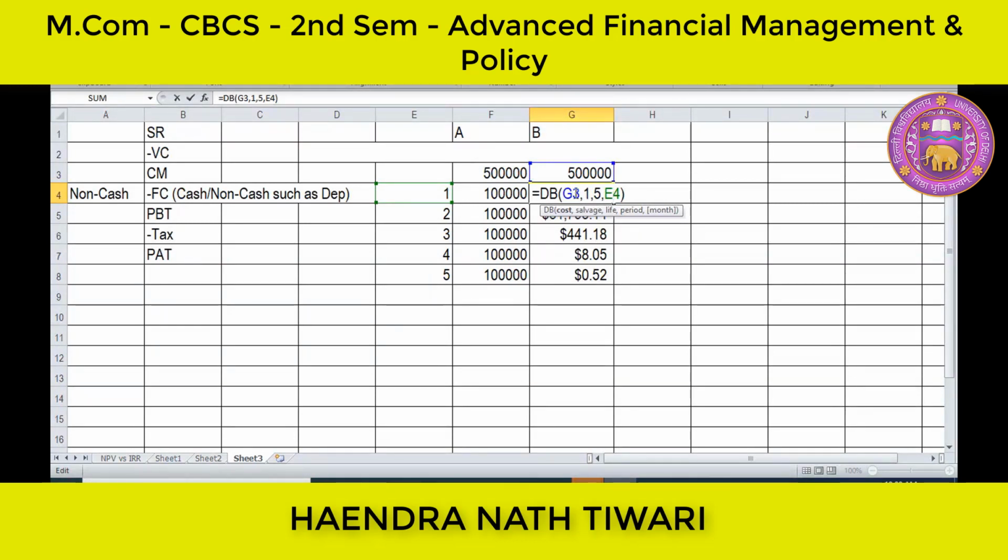Just hold on. error आ रहा है इसके अंदर. चलो एक काम करते हैं. 20% straight line method. This is using 20% WDV method.